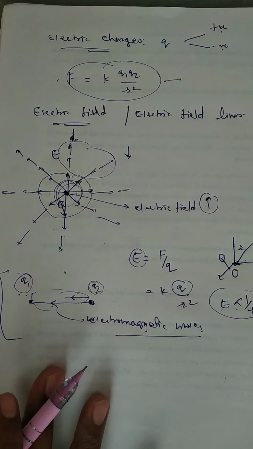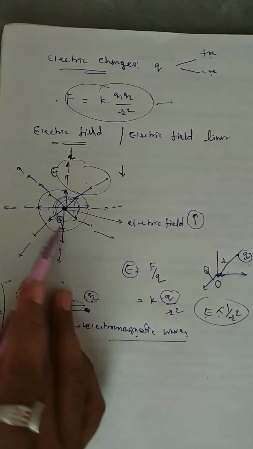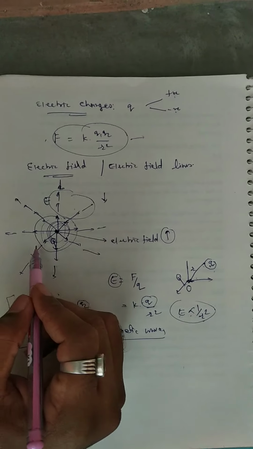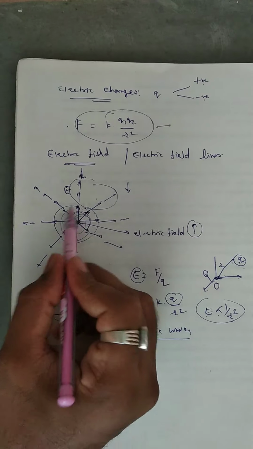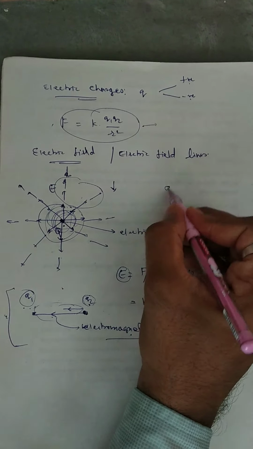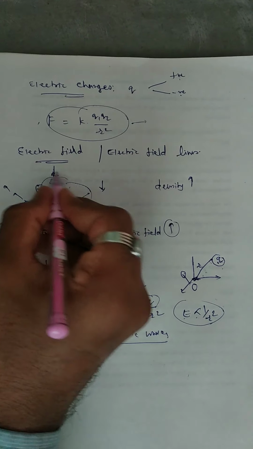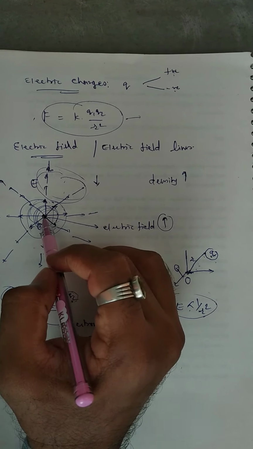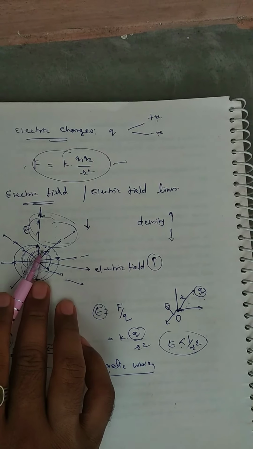In the same way, if we look at the electric field lines, from this figure we can say that in the region very close to this electric charge the density of electric field lines will be higher, and in the region away from this electric charge the density of electric field lines will be lower.